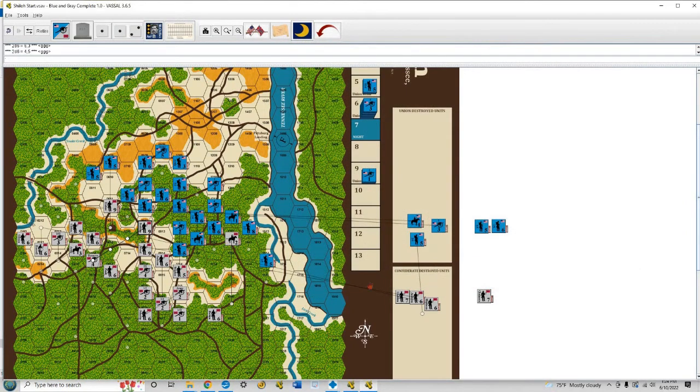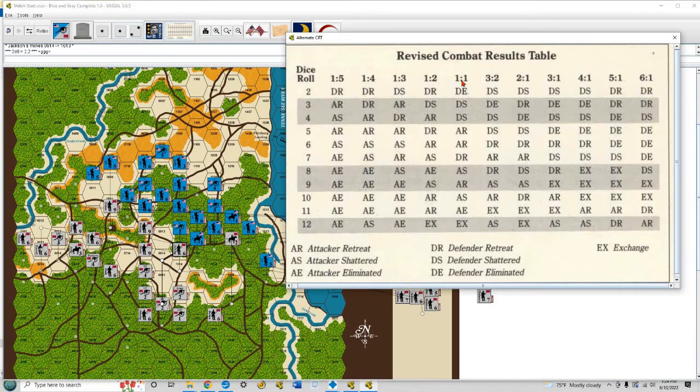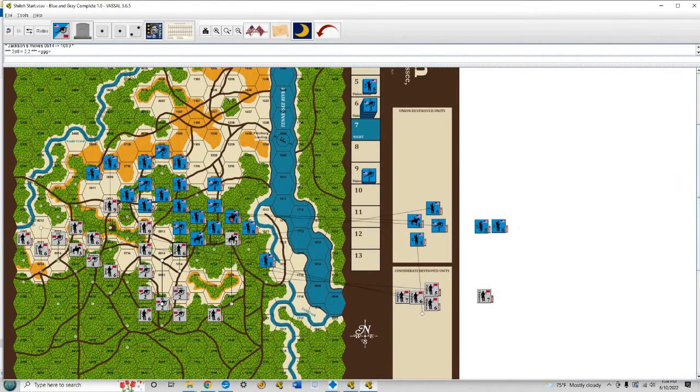Ugh. Luckily, I had a 5 there, so at least the exchange was decent. Move him into position. And finally, this 2-to-1 of the cavalry out here on the right flank. 2-to-1 with a 4 is a defender eliminated, so that cavalry unit's gone.